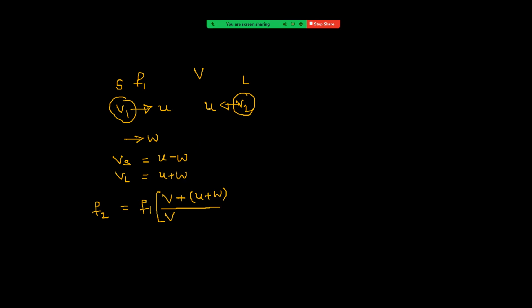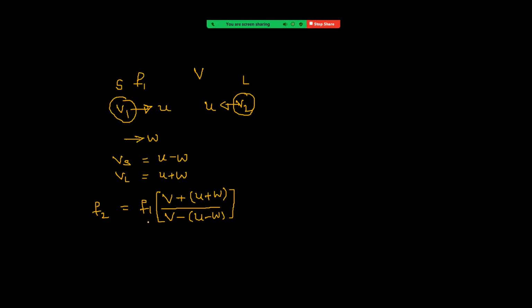Source moving towards listener means the listener has to get more frequency, so the denominator must be less. So we write v minus u minus w. So this is now the expression for f2.